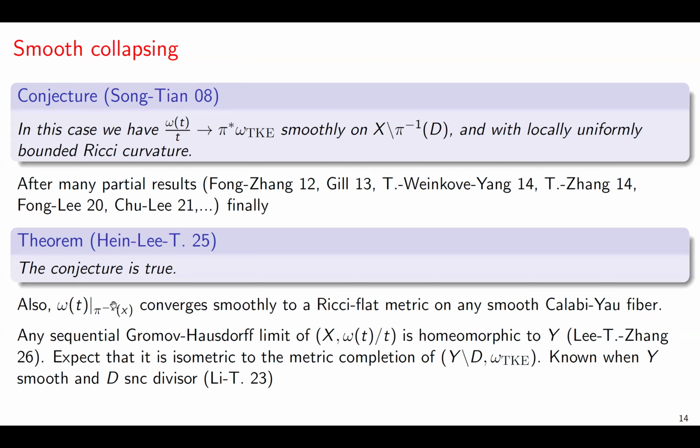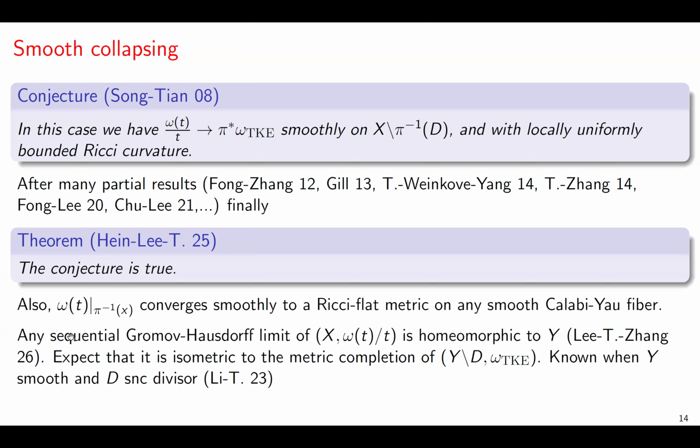The Calabi-Yau fibers shrink, but they do so smoothly. And also, if you restrict to a Calabi-Yau fiber and you don't rescale, so keep it of a fixed size, then you have, again, smooth convergence to a Calabi-Yau metric on each fiber, which means that under this collapsing, the fibers are becoming more and more Ricci flat. So it's asymptotically semi-Ricci flat, we will call it.